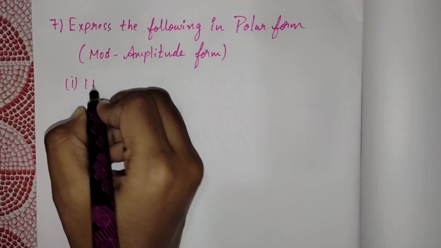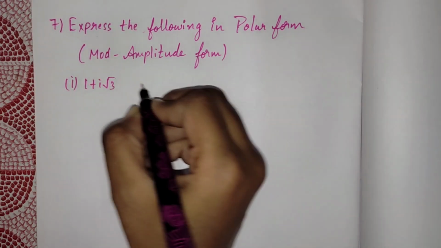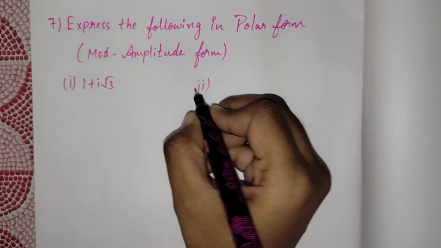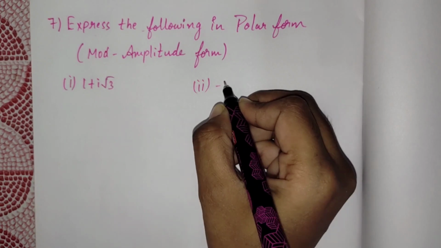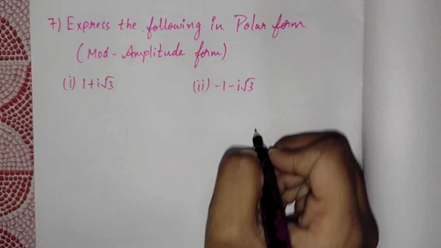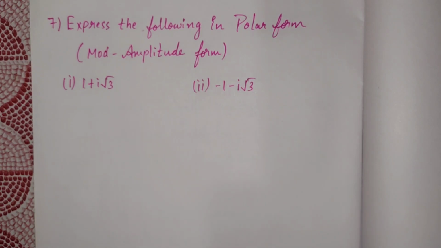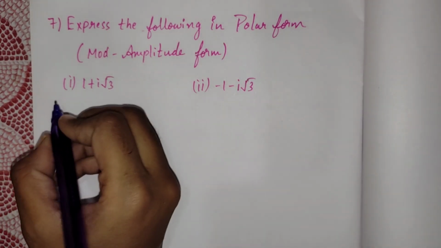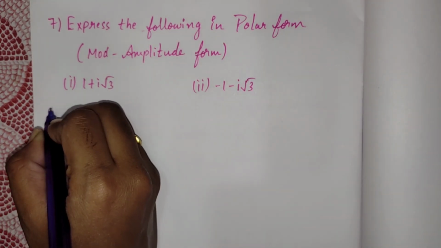First sub question. 1 plus I root 3. Second sub question. Minus 1 minus I root 3. Solution.